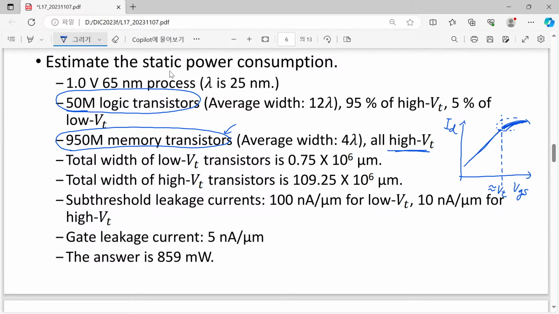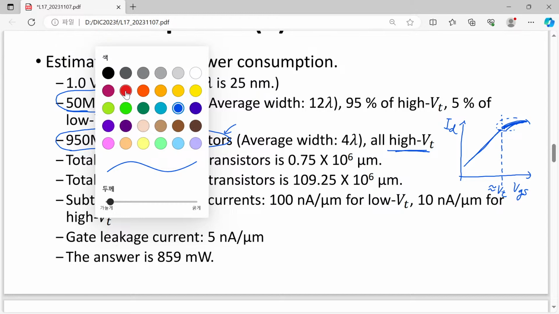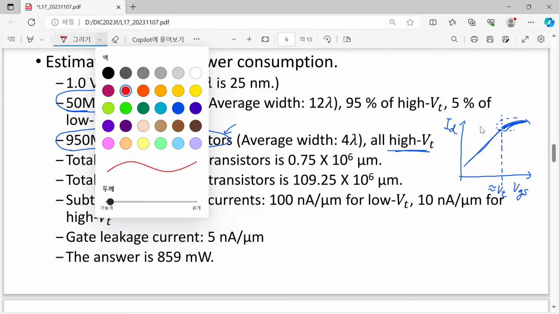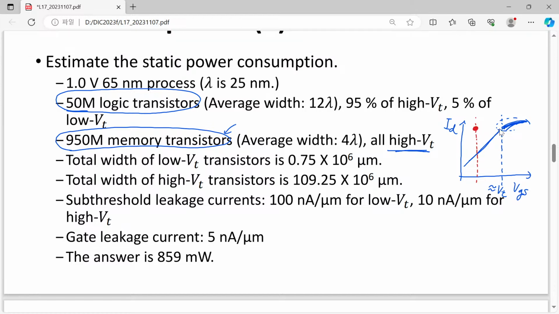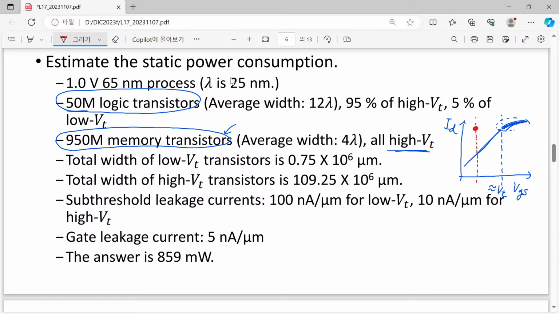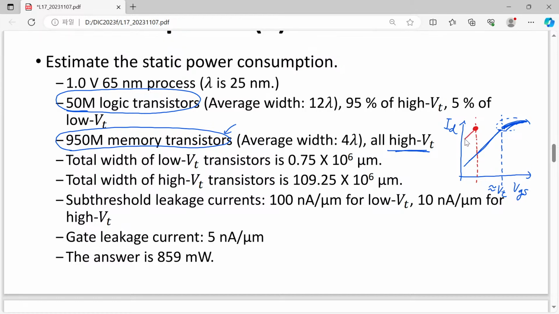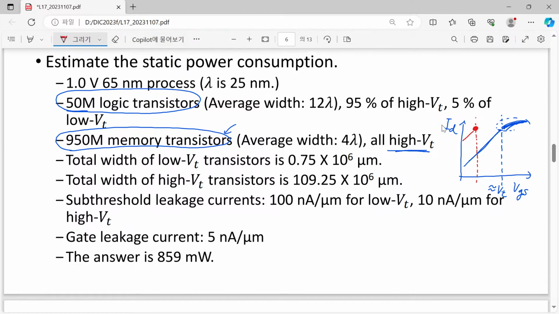So now let's think about two different cases. You have a similar technology, so from a given technology, but you have two different options. One is that your threshold voltage is relatively low, and the other is that your threshold voltage is relatively high. Then what will happen to your output current? Below the threshold voltage, you have exponentially decreasing current here. So this slope is given by what?